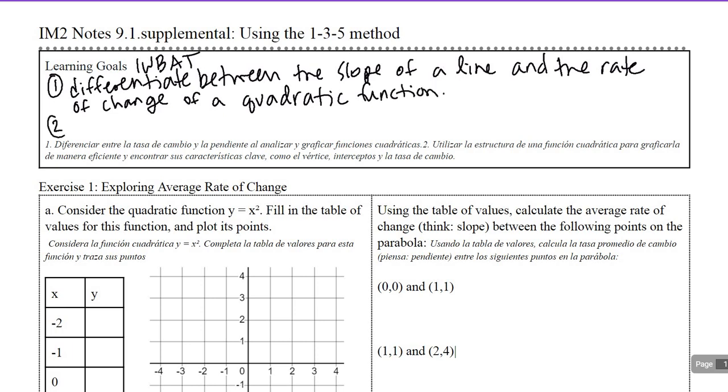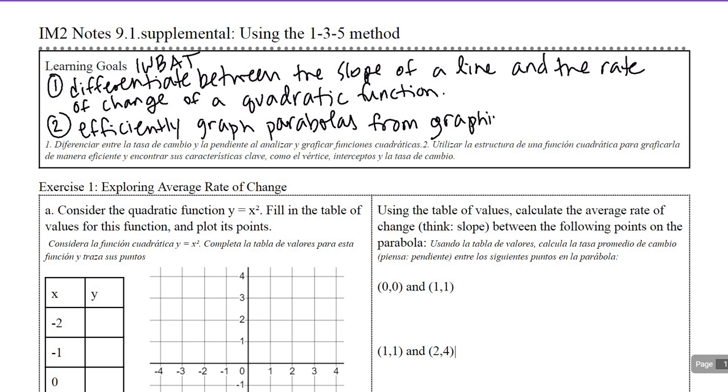And two, that I will be able to efficiently graph parabolas from graphing form using the 1, 3, 5 method.